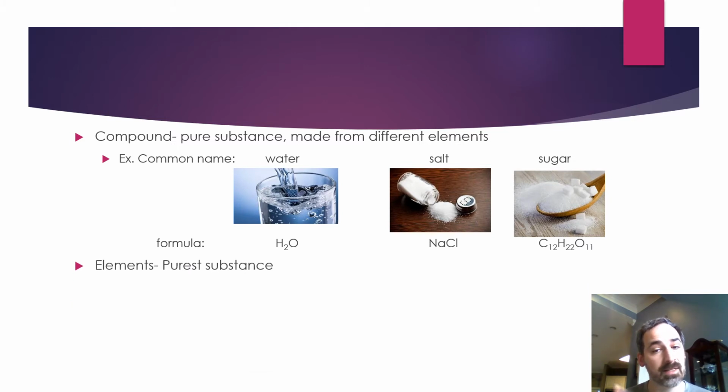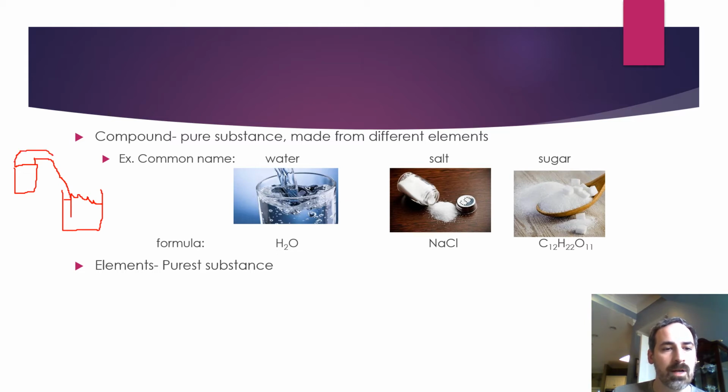An element by itself is a pure substance. What's really neat, and let me see if I can give this a little drawing. If we took a container of water, and that's water, believe it or not, and we took a strong enough battery with little electrodes, little terminals on the end, and you put one wire on one side of that water and the other wire on the other side, we know that water is H2O, but then we'll start seeing bubbles on one wire and bubbles on another.